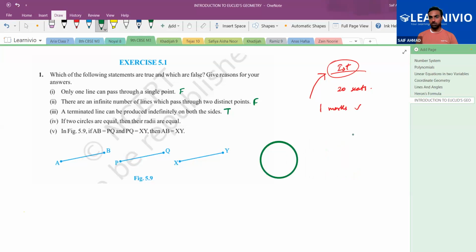So their radii will be equal or not? Yes, sir, the radii will also coincide. Okay, sir, so it is true. Understood?